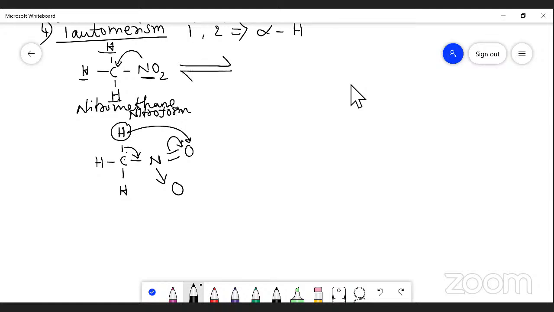When we shift the double bond towards the oxygen, a negative sign will come, and this negative sign will take the hydrogen.